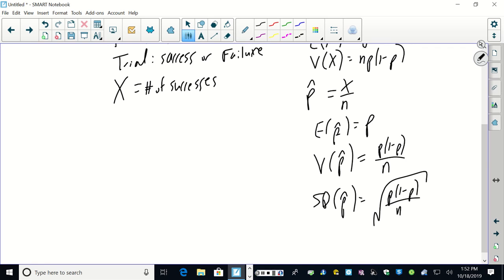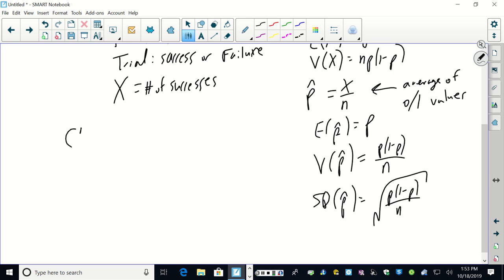The other thing that you get, right, is the central limit theorem. Because p hat is like an average. You're adding up all these 0, 1 values and then taking the average. So the central limit theorem would say that the p hat distribution is approximately normal, as long as you have large enough sample size.